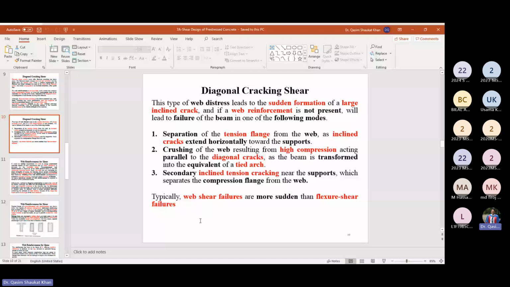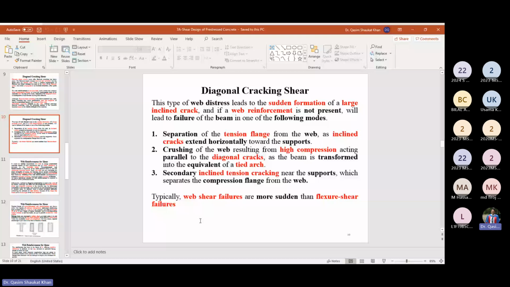Flexural shear cracks are flatter, more horizontal and parallel to the longitudinal axis, whereas web shear cracks are more inclined at 45 degrees.